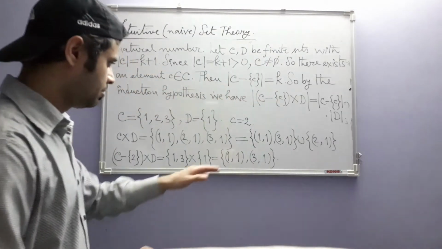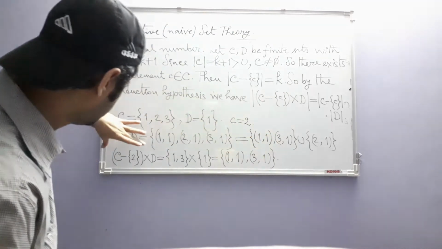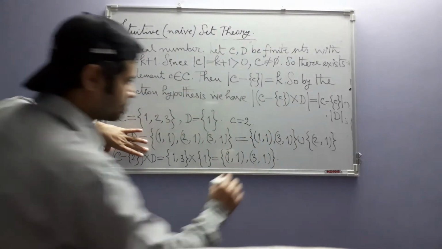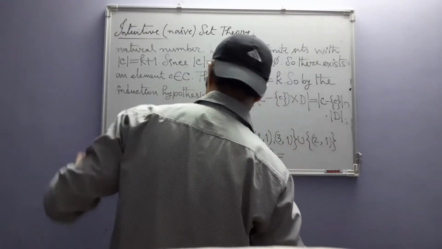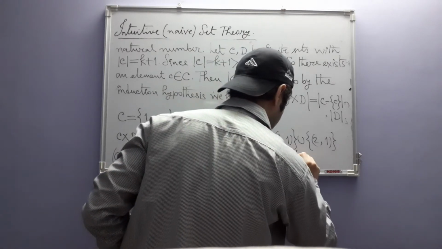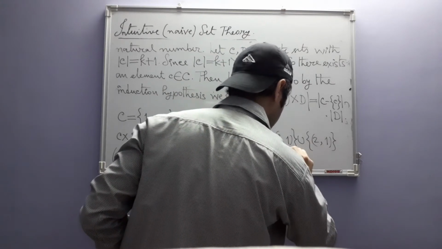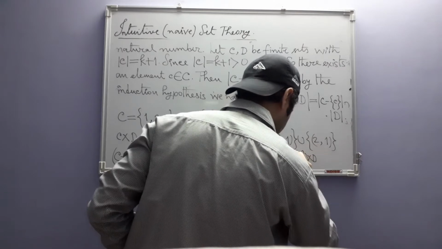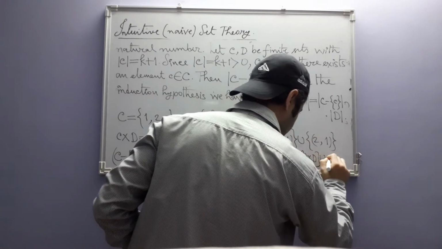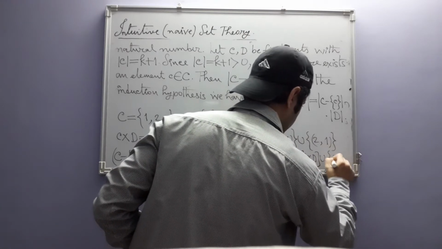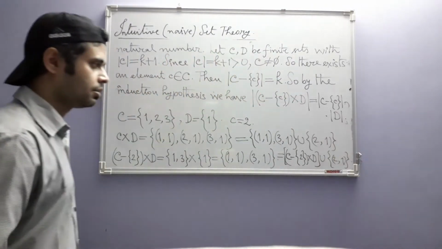So C cross D is equal to (C minus {2}) cross D union {(2,1)}.